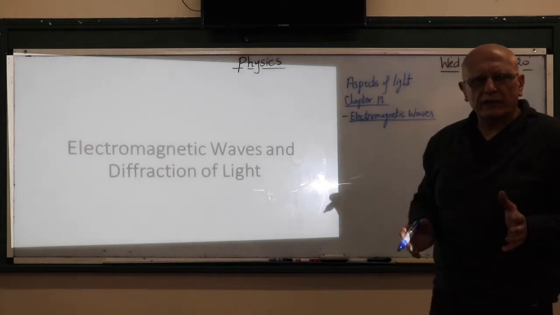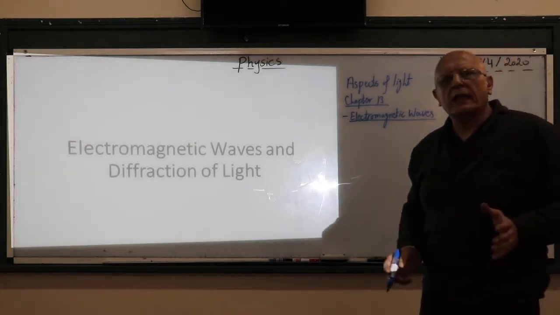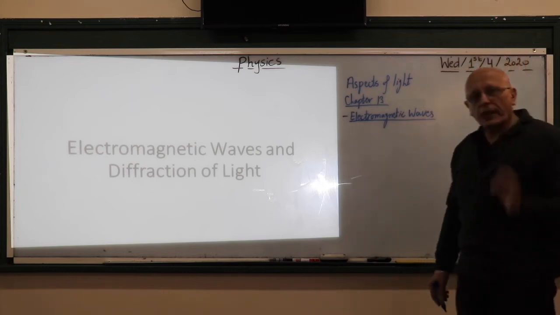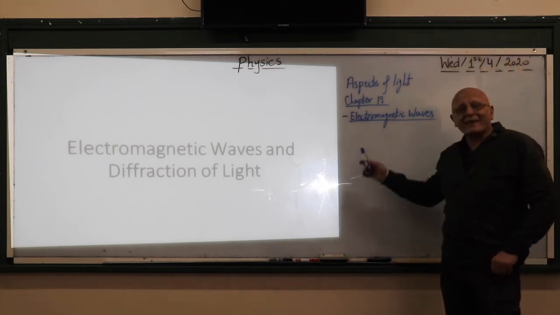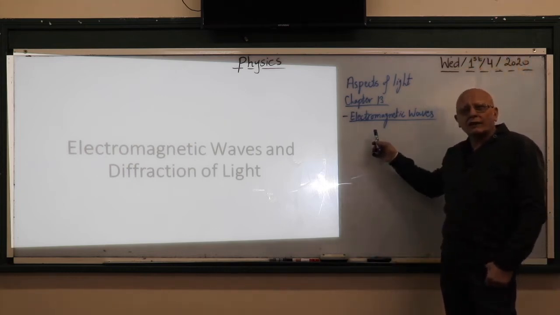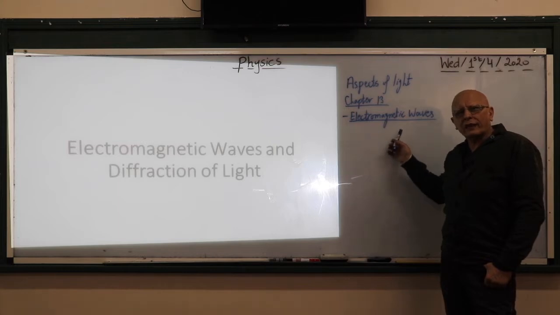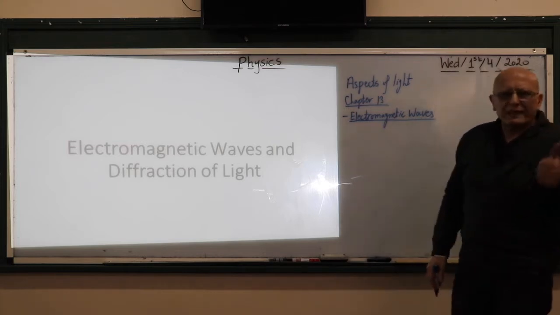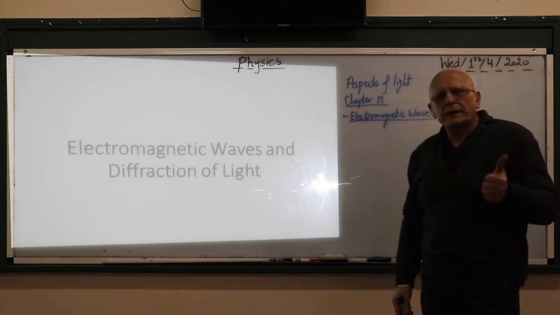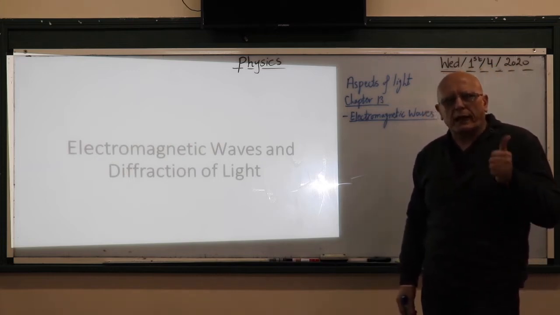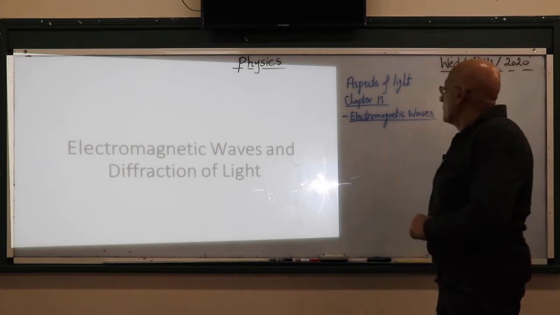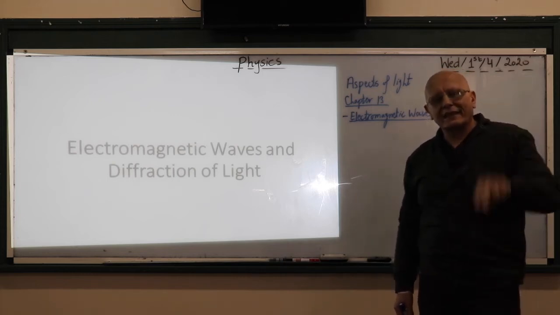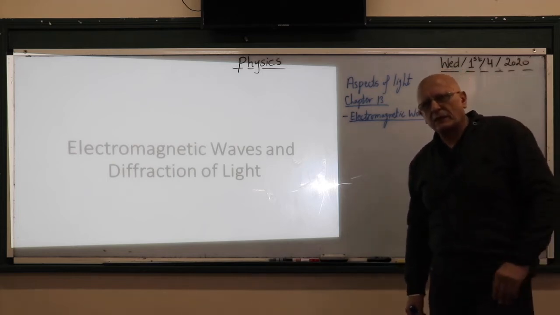All these waves are examples of mechanical waves. But in this chapter, we are interested only in electromagnetic waves. Because of this, we are going to study them well. I am going to define them and give their characteristics.